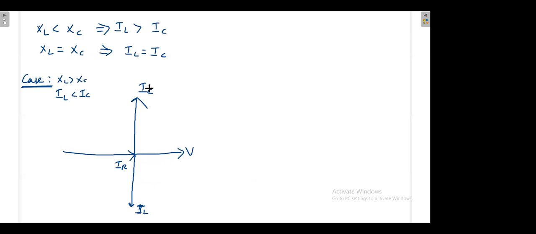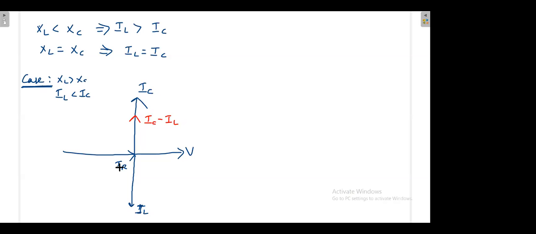If we take the difference, it may come here, depending on how much bigger it is. So this is IC minus IL, because now the capacitor current is dominating. So this is IC minus IL, because IC is greater than IL, which means it will come upside only.